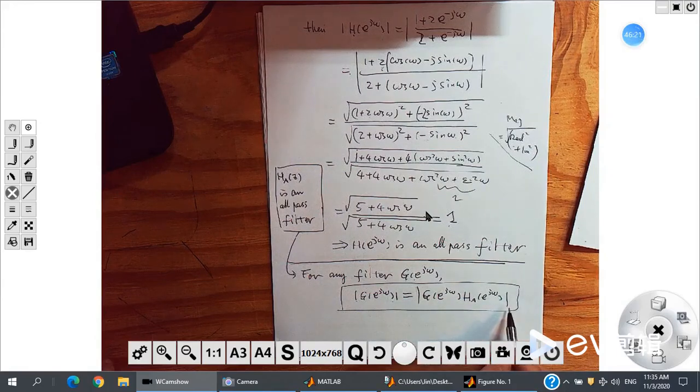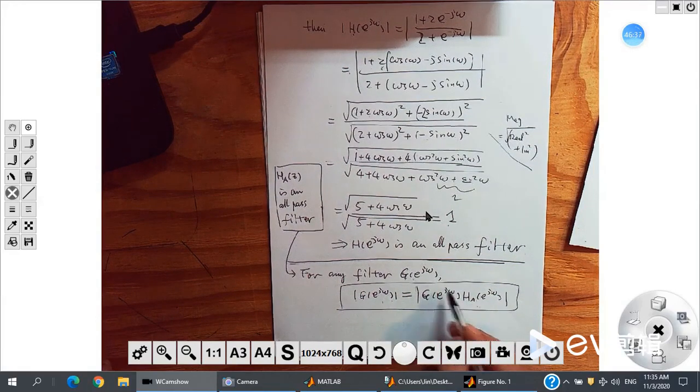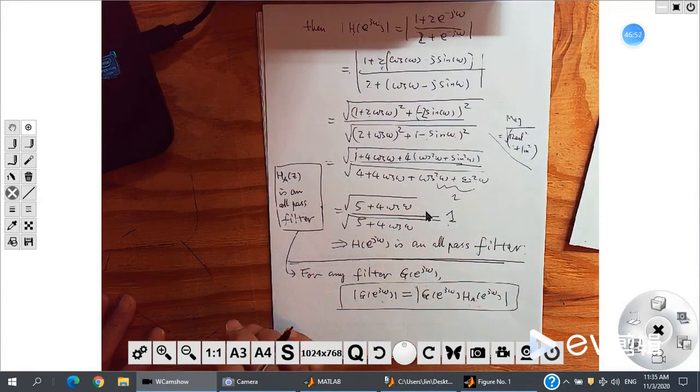You will not change the magnitude. Like if G is an all-pass filter, then G times H_A is also all-pass. If G is high-pass, then G times H_A is also high-pass. So you will not change the shape of the magnitude. Low-pass is still low-pass, high-pass still high-pass, band-pass still band-pass, right? Nothing changed. But you will change the phase.